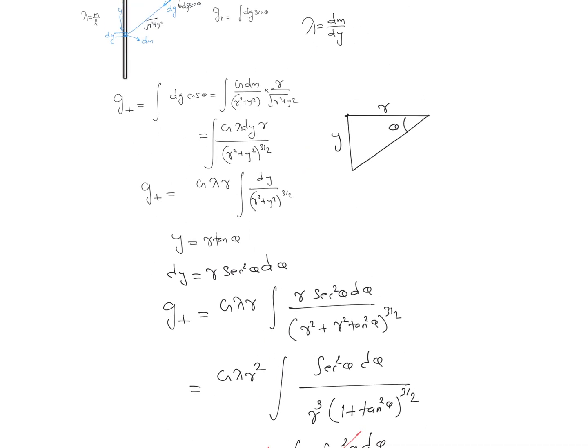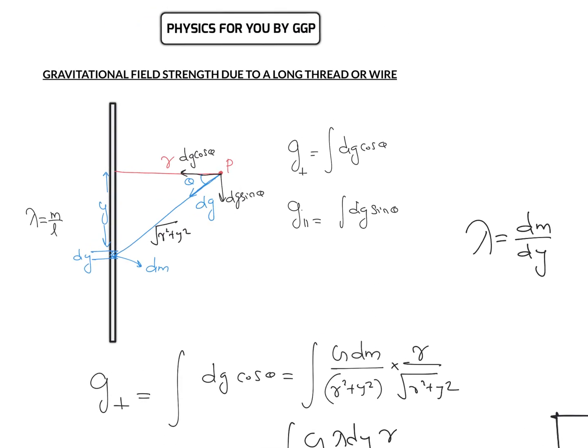Now we can put the limit of this integration. So let's say this angle over here, we are measuring angle from here. This angle is theta 1, and the angle for this particular point is theta 2. We can observe that we first measured the angle in this direction, and this theta we measure in this direction.